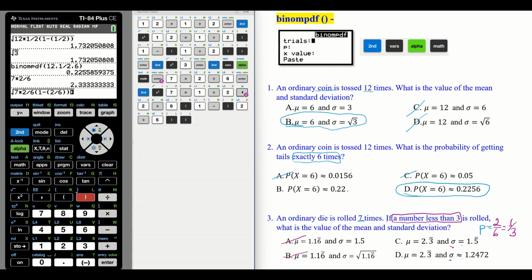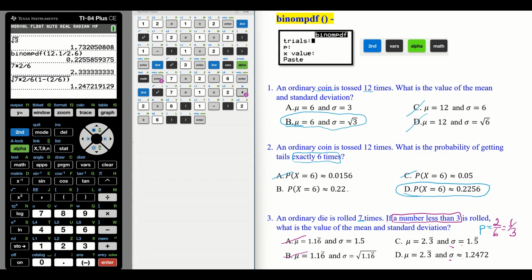Notice that some of this you could do in your head and quickly enter, but for calculator use practice, I'm going to show you everything. You could have just said, 1 minus 2 over 6 is obviously going to be 2/3 versus 1/3. Whatever. Let's just go through the motions. Look, it is D. We are correct.